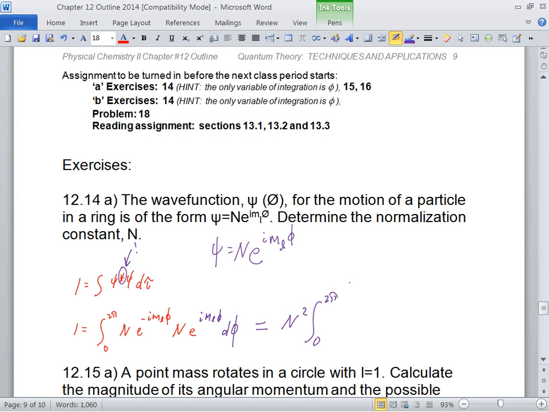Yeah, because it's the same thing. It's like 2 to the x times 2 to the a, which is 2 to the x plus a, right? So we'll end up with e to the 0, d phi.